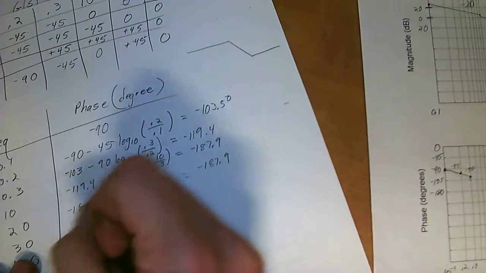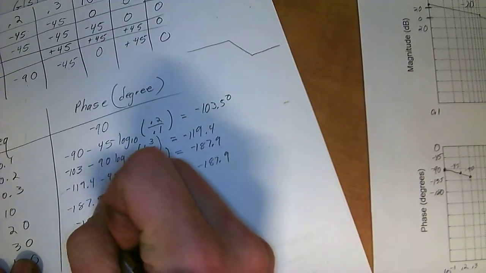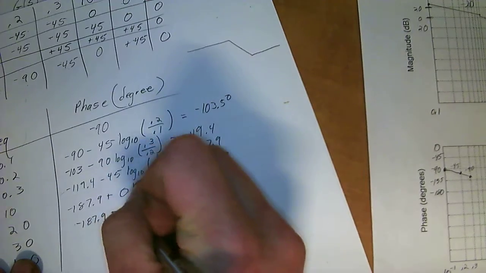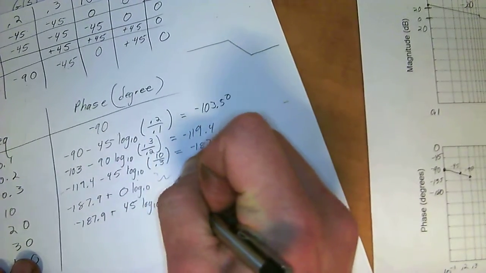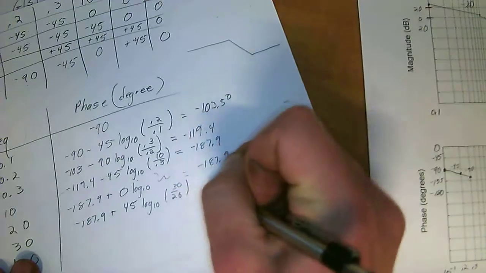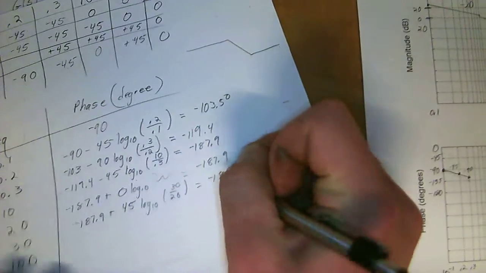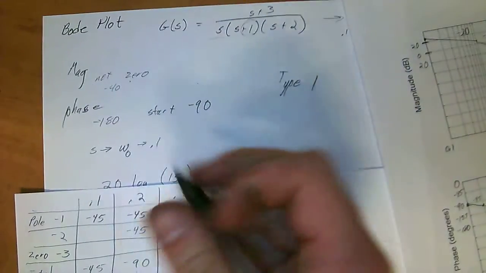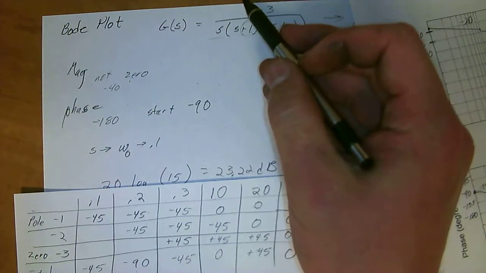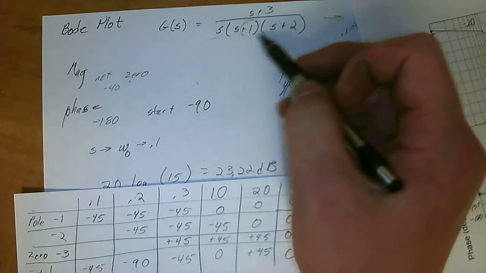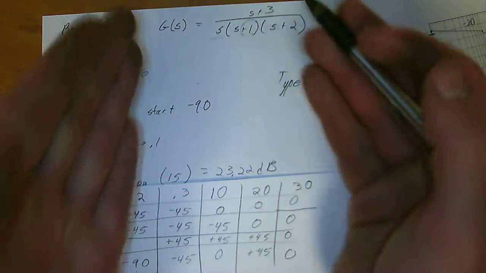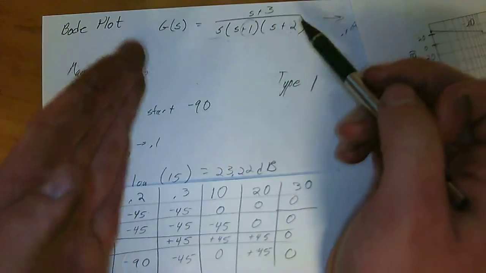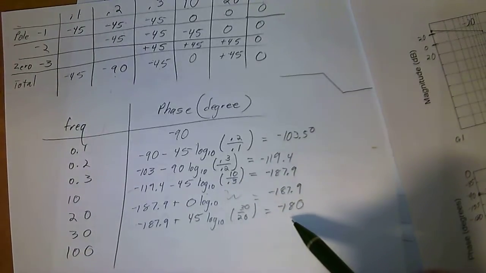And then for 30, we got negative 187.9 plus 45 log 10 of 30 over 20, which is equal to negative 180. Remember at the beginning, we predicted the phase because we have 0 and 3 poles, the phase is going to be negative 180, because you end up with a net of 2 poles, which each contribute negative 90, which put us at negative 180. And there we are, lo and behold, at negative 180.